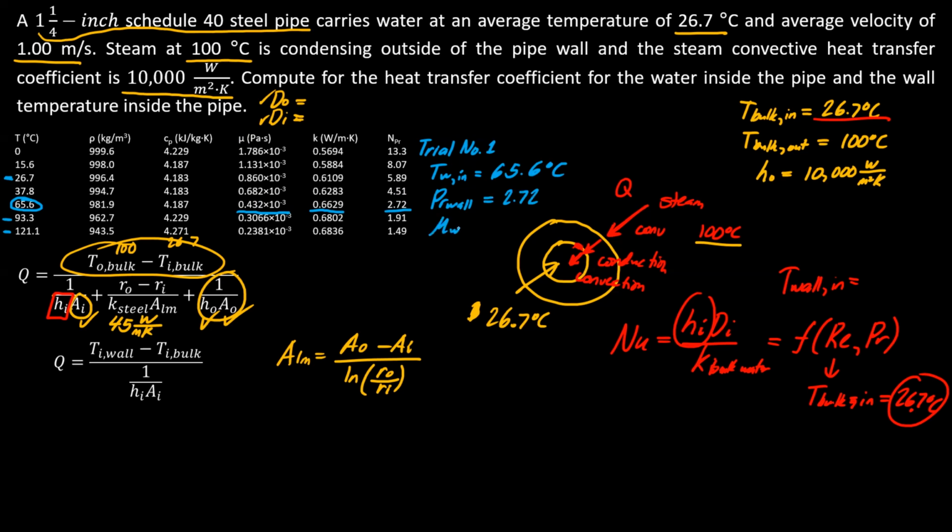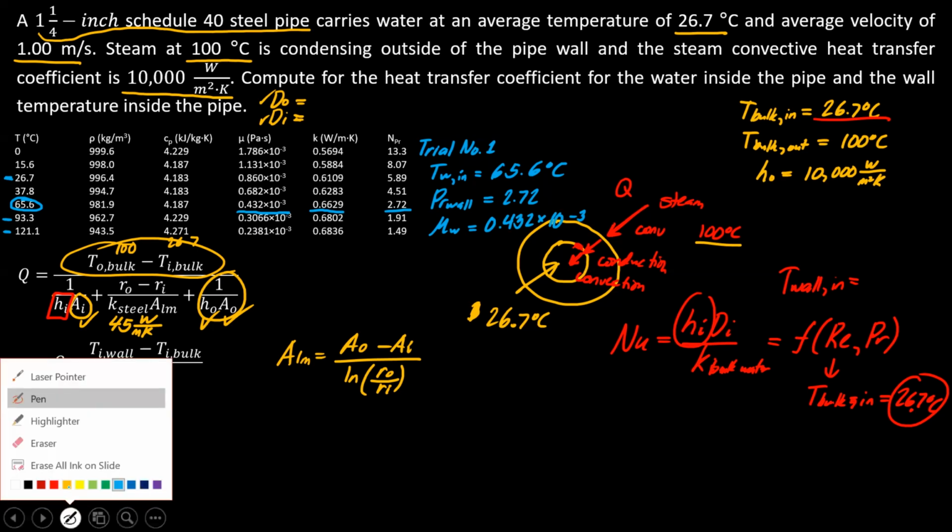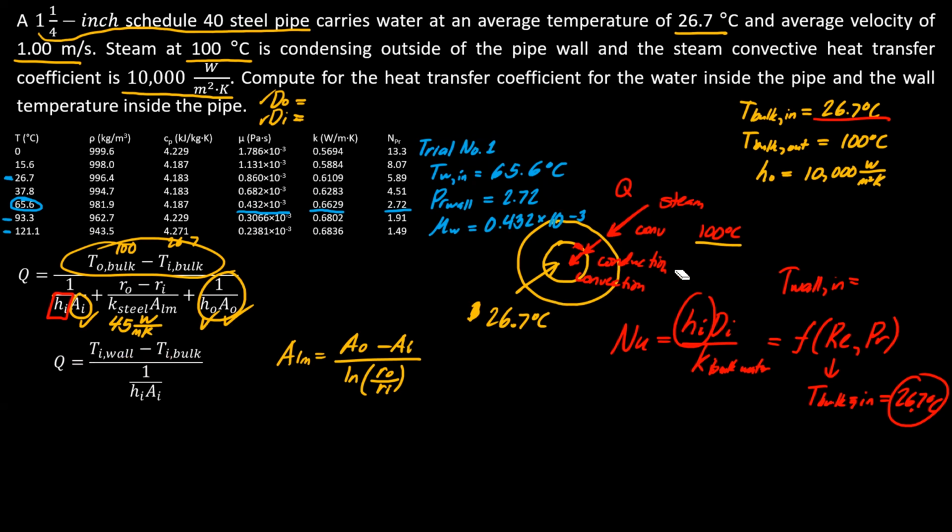If we need this one, let's say, okay, 432 times 10 raised to negative 3. So probably we will need this. If it is laminar, I believe we will need the dynamic viscosity at wall temperature. If it's turbulent, we can use the Prandtl number at wall temperature, if you know those empirical equations.